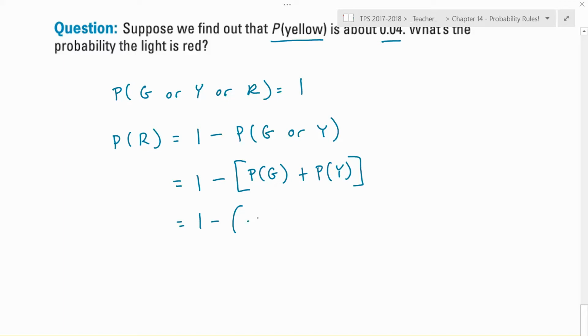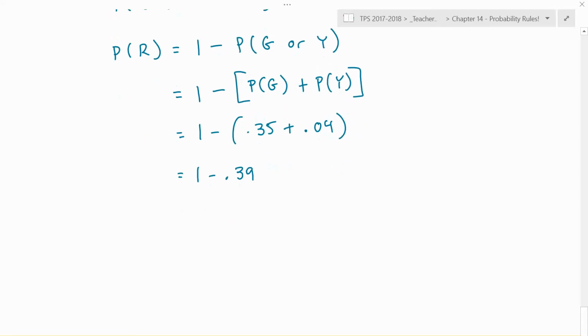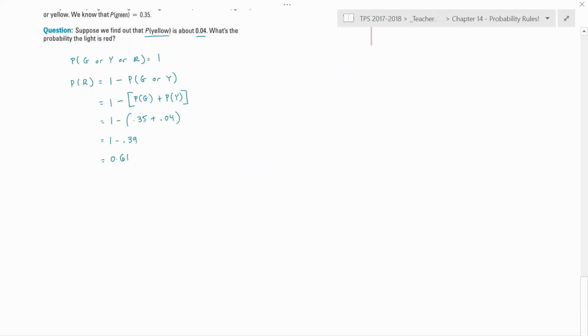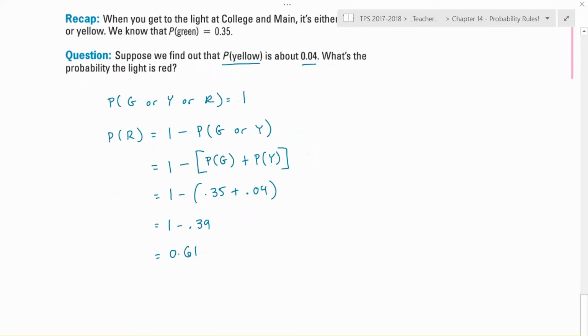The probability of green was 0.35. The probability of yellow was 0.04. So I end up with 1 minus 0.39, and that gives me 0.61. And that's my answer. That's the probability that the light is red. It's the only other possibility after we take away the probability of green or yellow.